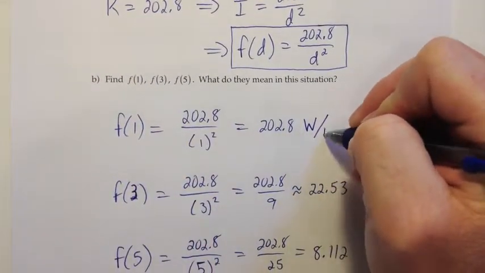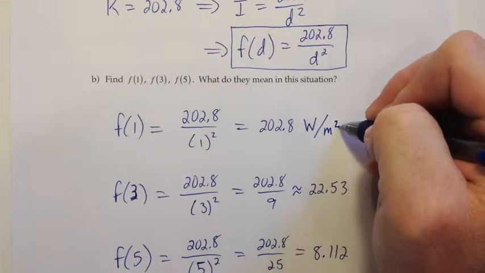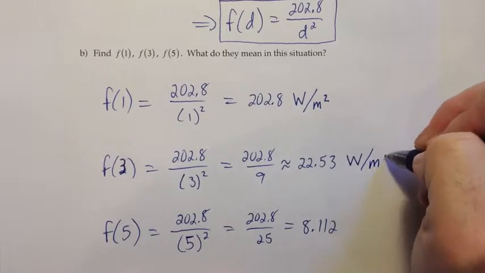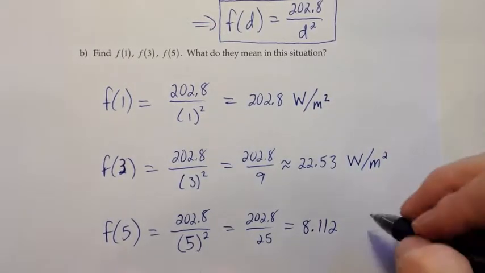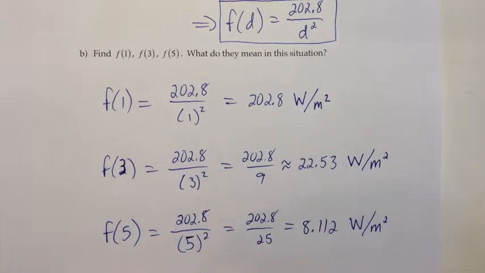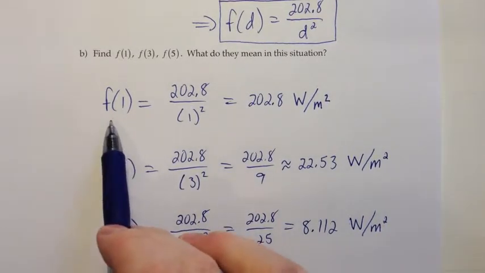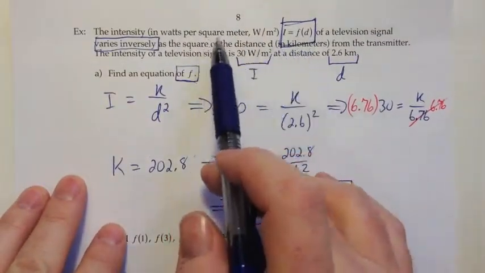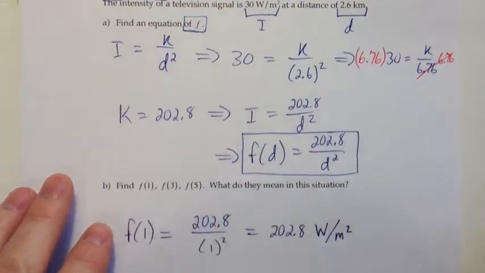To be honest, I don't even have a great understanding of what that means because I don't have the strongest science background in the world. So I'm not putting units of watts per square meter because that totally makes natural, intuitive sense to me. I'm doing it because that's my output, and it said up here that the output was the intensity and that the units on that were watts per square meter.